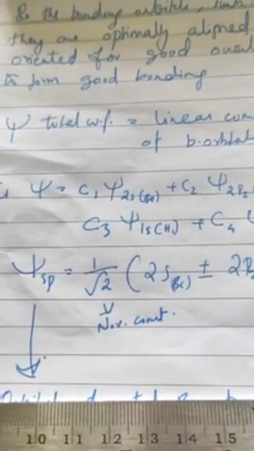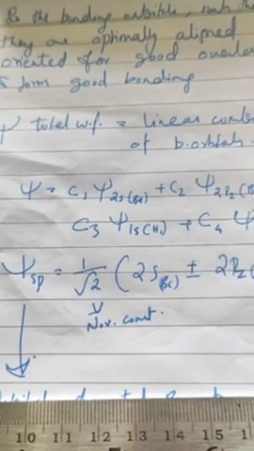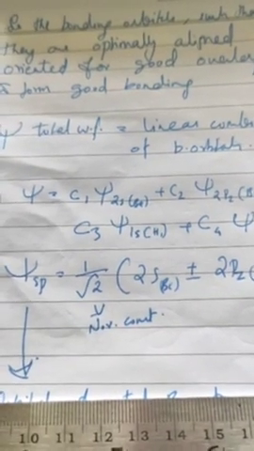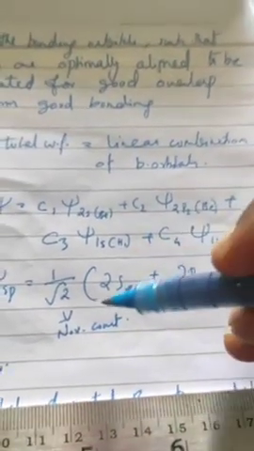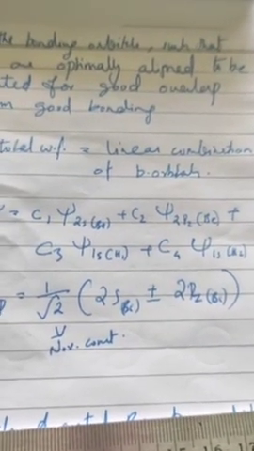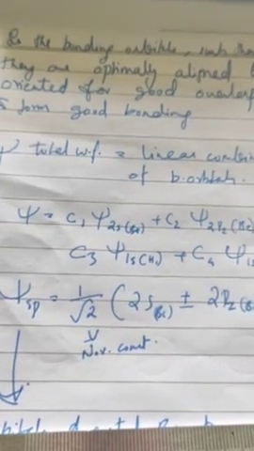Now what is the hybridization of this polyatomic molecule? We are going to write it like this. Psi sp is equal to 1 by root 2 into 2s beryllium plus or minus 2pz beryllium, where 1 by root 2 is the normalization constant. So psi sp, which I have written, is actually the orbital of the central beryllium atom, and these orbitals are orthogonal to each other.